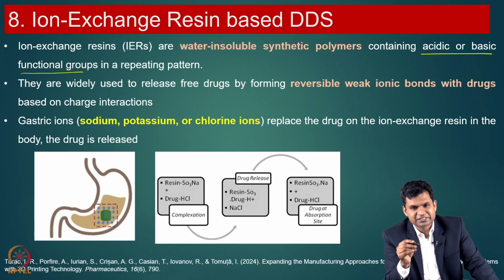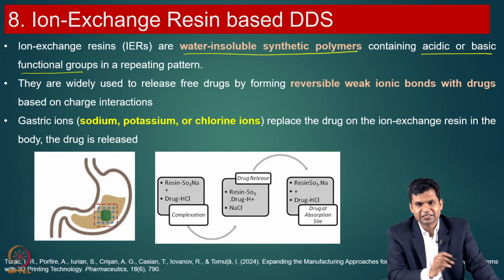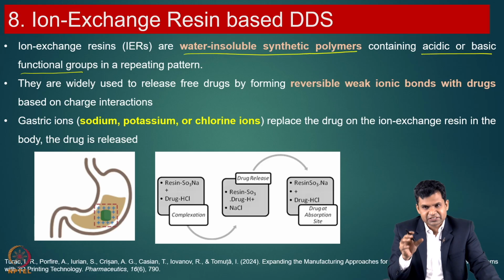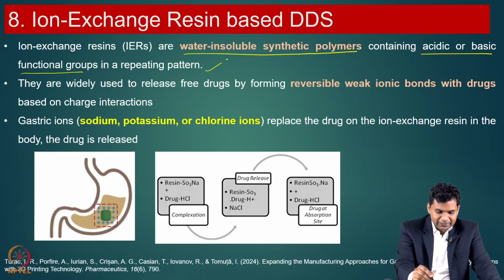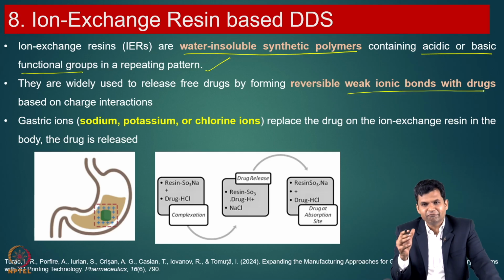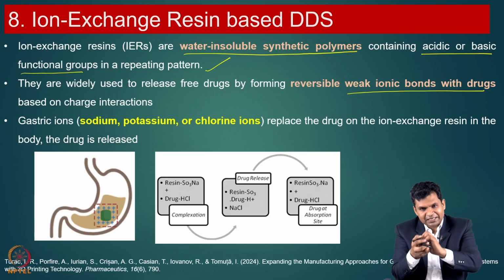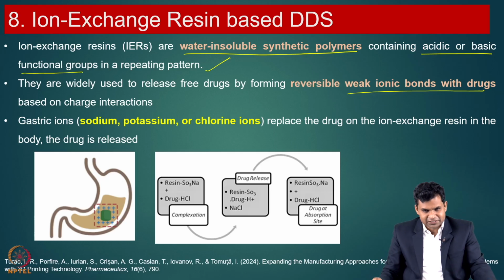In ion exchange resin based drug delivery systems, we use water insoluble synthetic polymers, which contain acidic and basic functional groups in a repeating pattern to conjugate or interlink with various types of drugs, which are weakly acidic and weakly basic in nature, so that we can make a complexation of these drugs, which will help in the gastroretentive drug delivery systems.